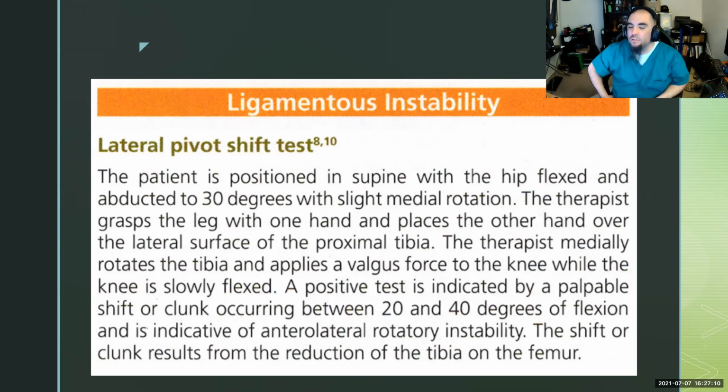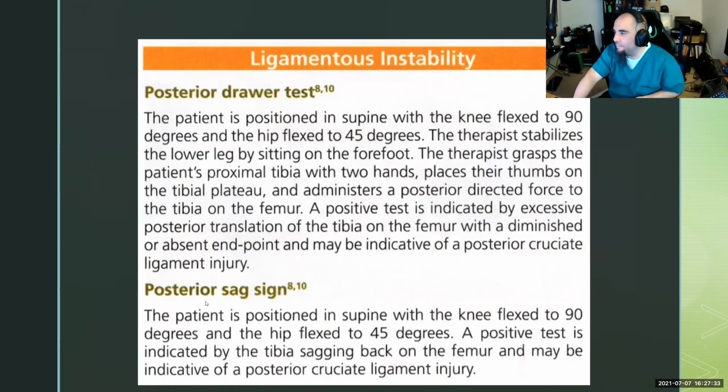Again, these are going to be mean tests if your patient has these problems. This is also known as the clunk test of the knee. If there's a clunk when you're rotating that tibia, then we've got a positive test. And at that point, they've got some instability of that tibia on the femur.